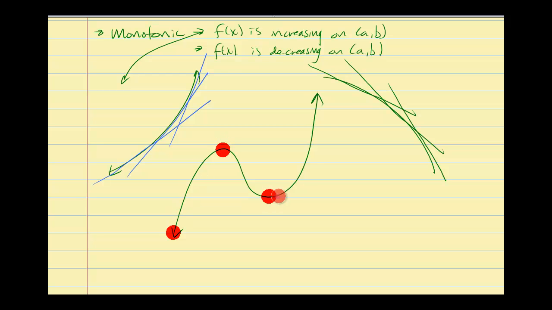And it is monotonic from, let's say, c to d on these points. So from a to b, it's monotonic increasing. From c to d, it's monotonic increasing as well. And b to c, of course, would be monotonic decreasing. So the entire graph taken as a whole is not monotonic, but I can define different parts of the graph where it would be monotonic increasing or monotonic decreasing. And sometimes that's what we want to do.